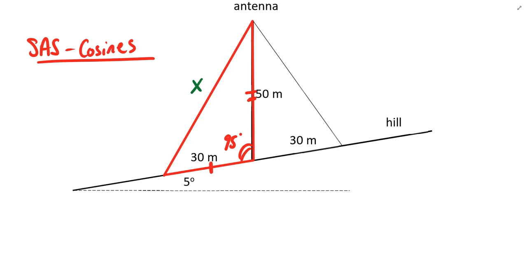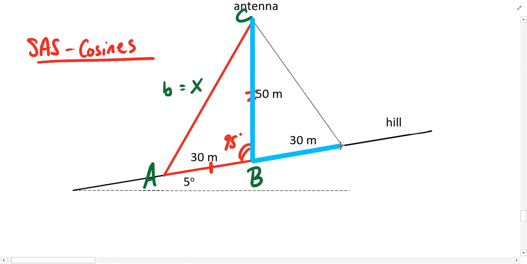And if we'd like to relabel this, we can claim that this angle measure is A, this angle is B, and this angle is C. Therefore, the side length that we're going after is side length B. In a similar sense, we could solve the triangle on the right-hand side. I'll mark it with a different color again.